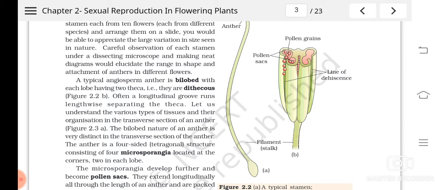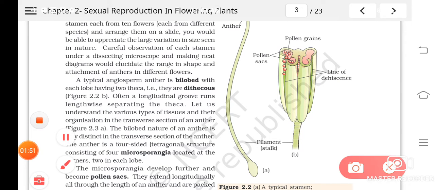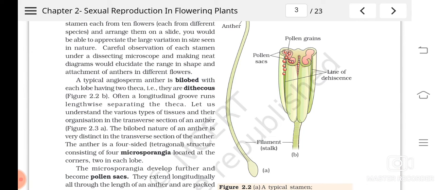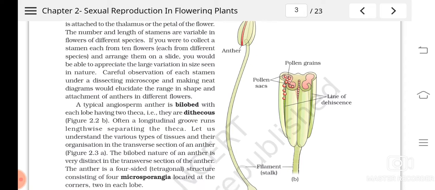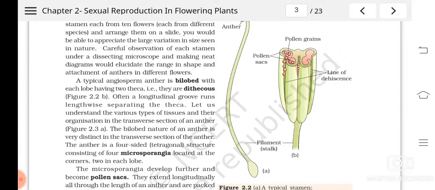Then you can see a groove that is passing through in between the theca, okay, and in each anther there will be 4 microsporangia, okay. So microsporangia is the part where the spores are produced, isn't it?